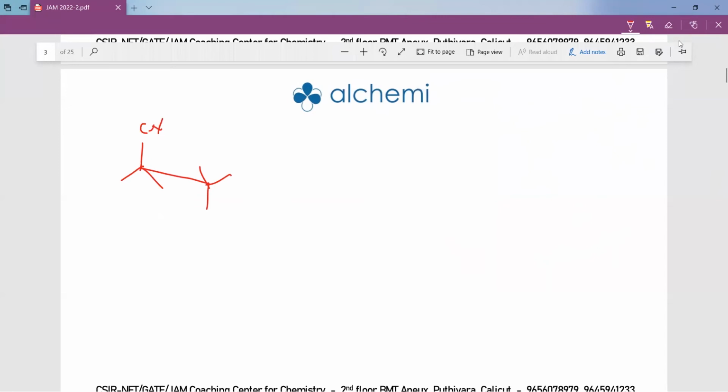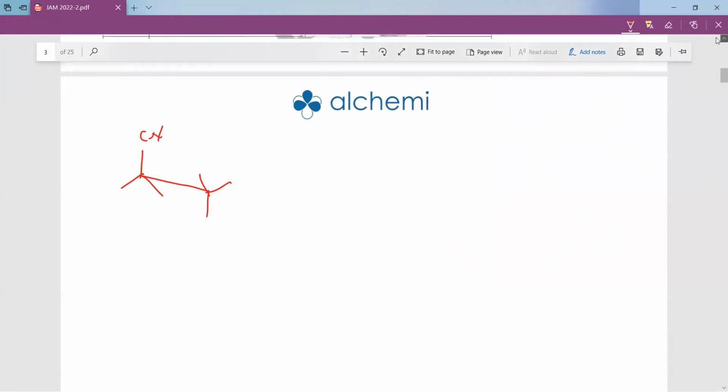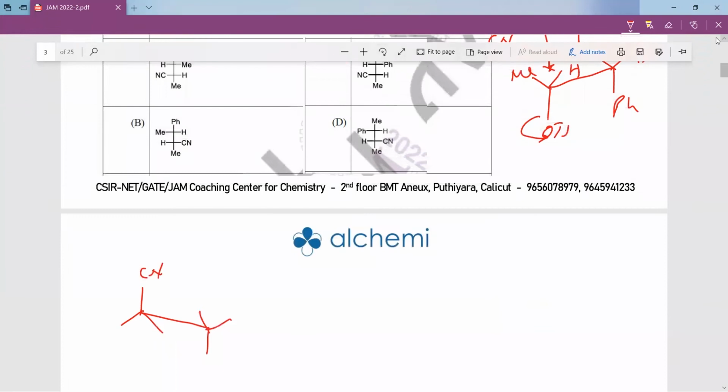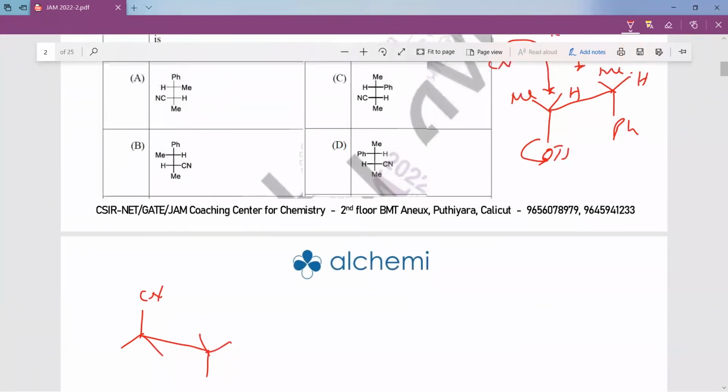CN here. Me, Me. Okay, this is the situation and Ph here. Now we should convert this Sawhorse again to Fischer. For that, we should convert it to eclipsed conformation.